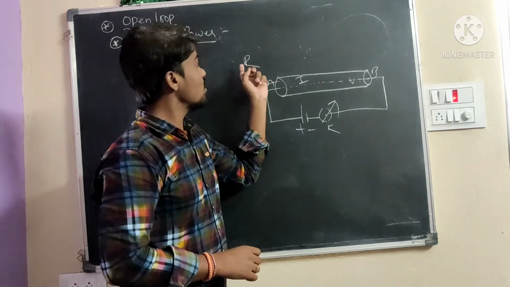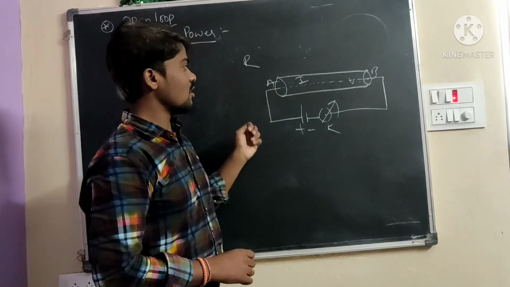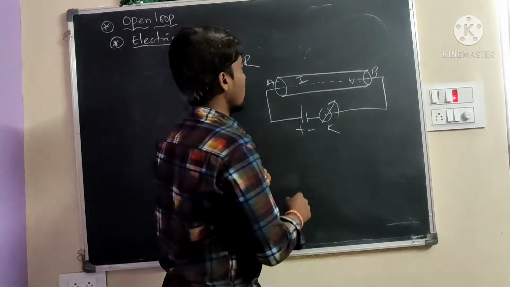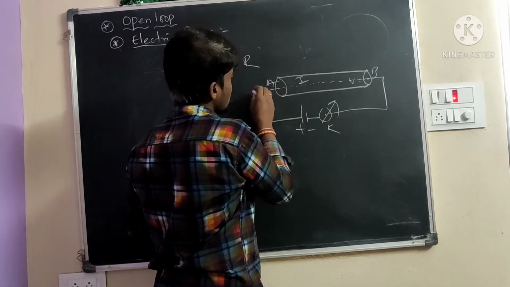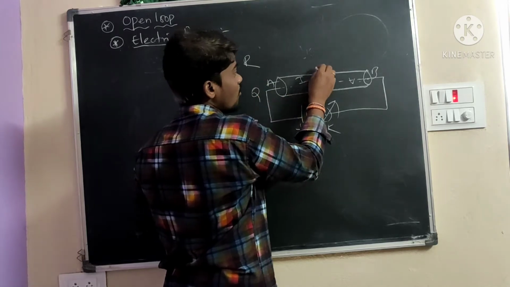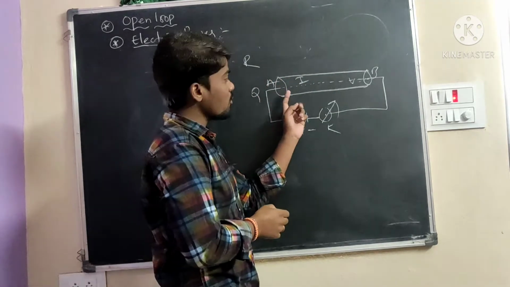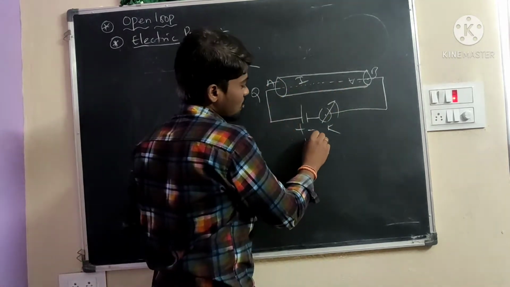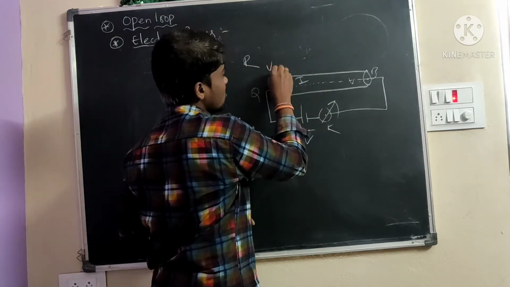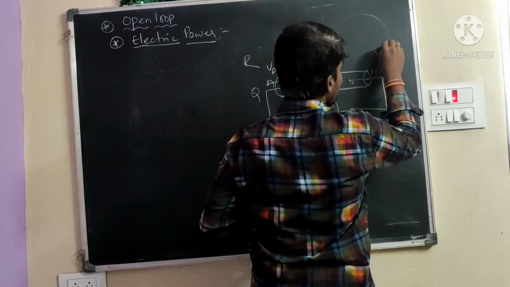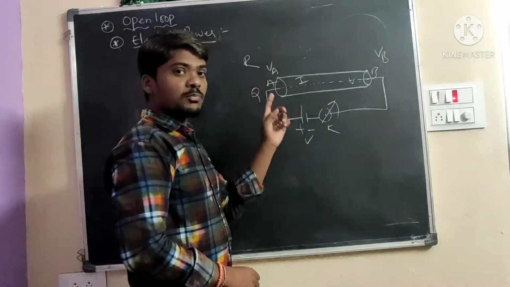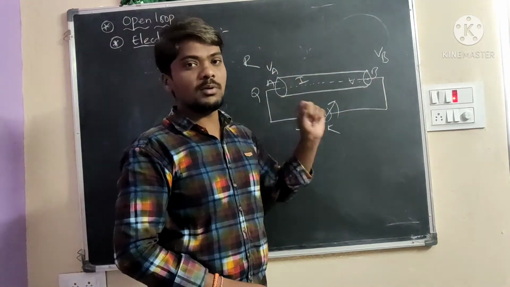You will find out how much power there is. The current passing does work. Q is the charge, and it has some potential difference across the ends. The potential at this end is VA and at the other end is VB. The potential difference is VA minus VB.